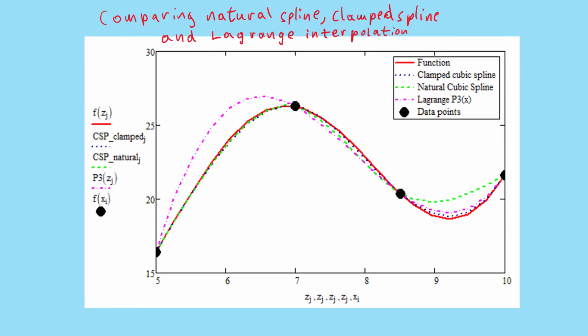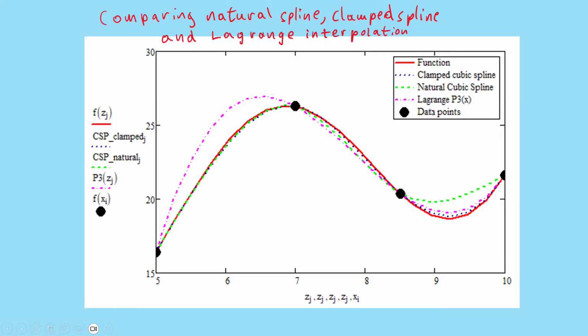The spline generally follows the function more smoothly because it is a piecewise function, while the Lagrange interpolation, because it is a global interpolation, can show larger deviations from the original function.